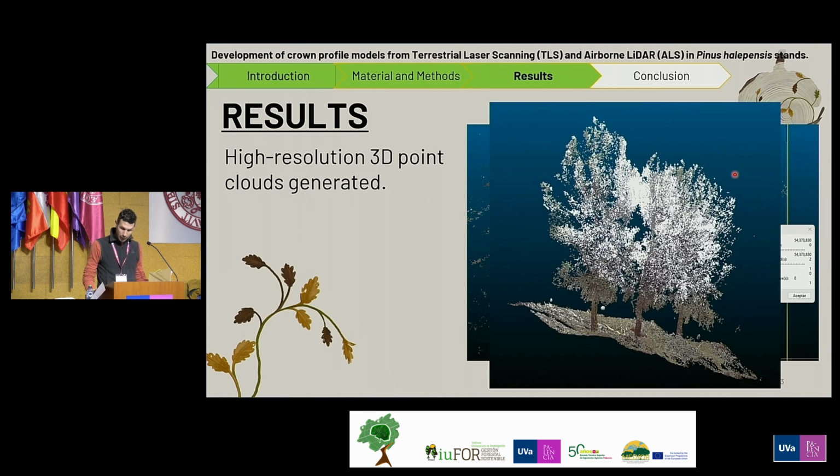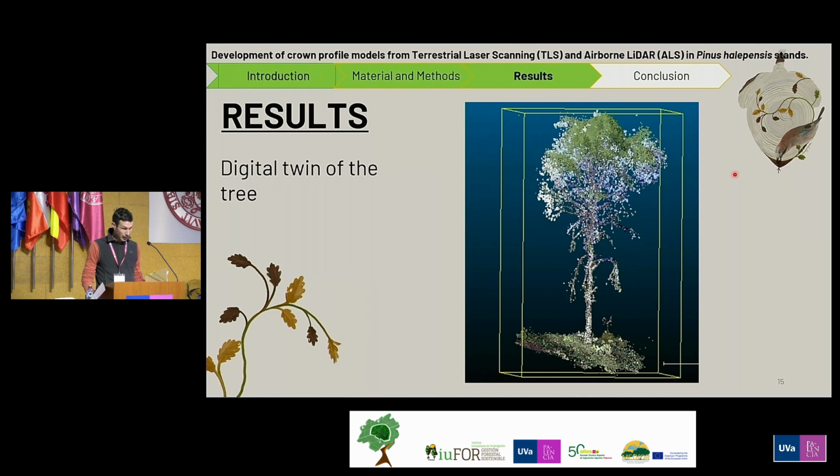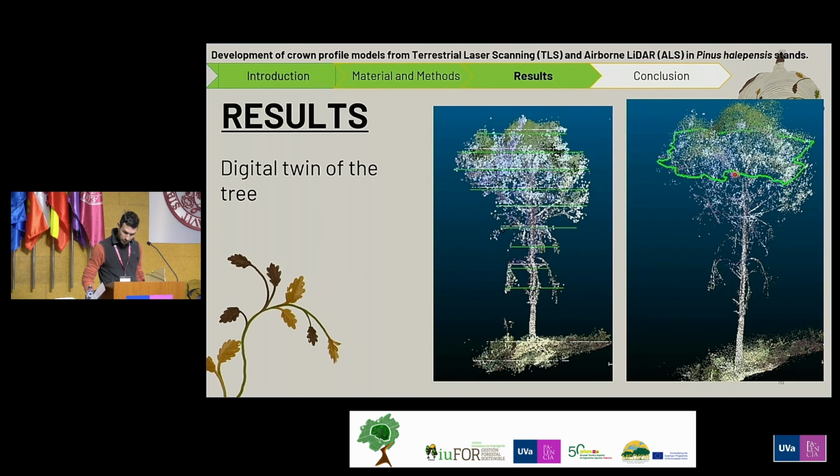This is a tree. With terrestrial laser scanning, we can make a digital twin of the tree. This photo is not very good, but on my computer it looks really beautiful, with the little leaves represented precisely.